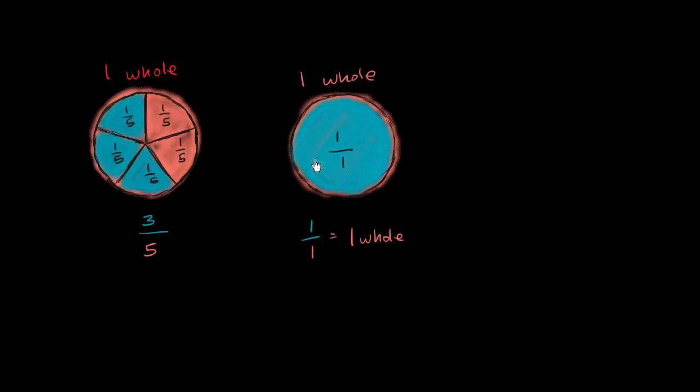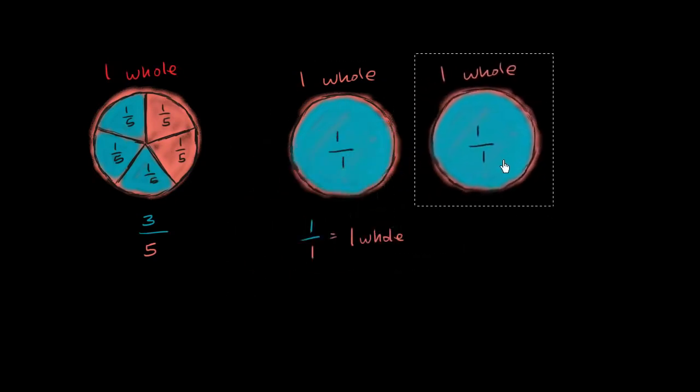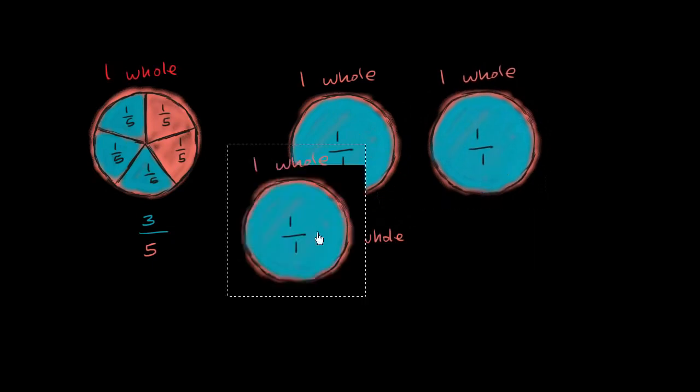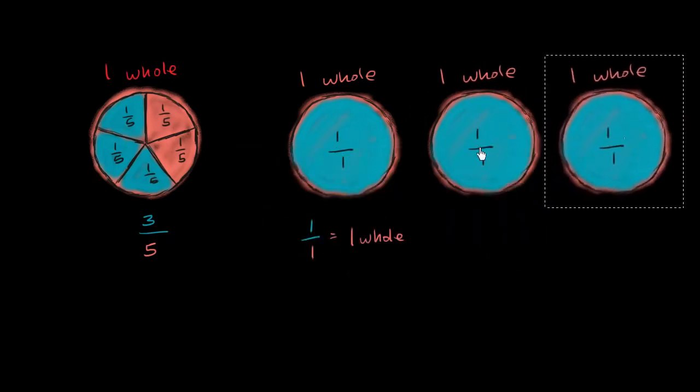Now what happens if we were to do this multiple times? So if we were to, let me copy and paste that. So now I have another 1 whole, and then another 1 whole right over here. So now in total, how many wholes do I have? Well, I have 3. 1, 2, 3 wholes.